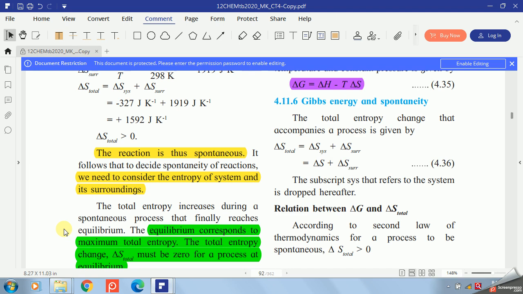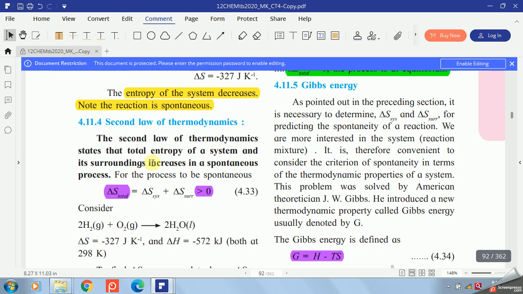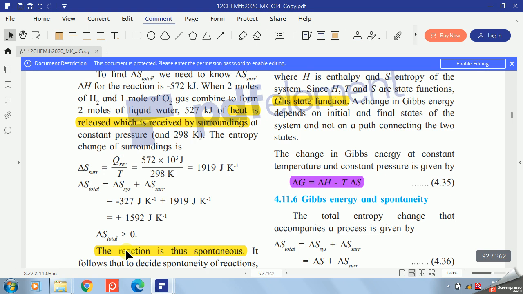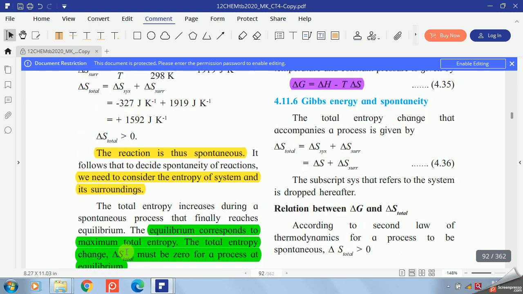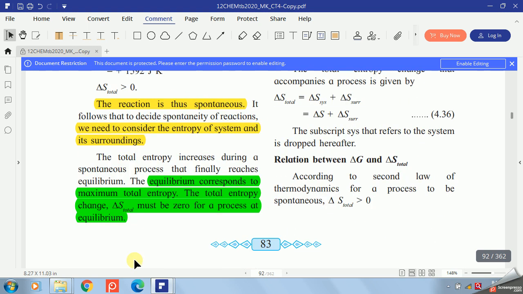That's why the second law of thermodynamics is written, and it is based on the change in entropy: delta S total is greater than 0. So the total entropy increases during a spontaneous process, and finally reaches the equilibrium condition.